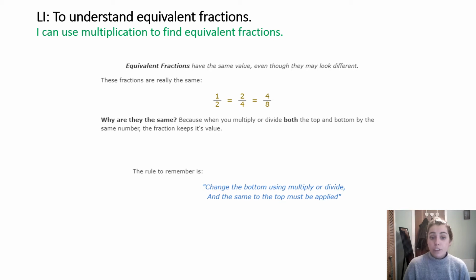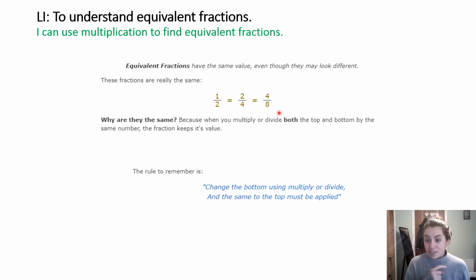And then when you're finished, you can maybe try and give this a go by using multiplication to find equivalent fractions. So equivalent fractions have the same value, even though they may look different. Now these fractions are really the same. A half is the same as 2/4, which is the same as 4/8.